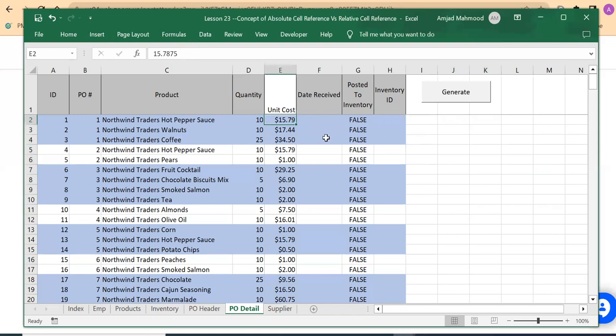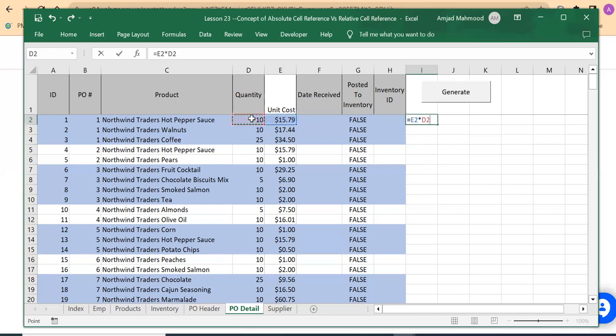Now let's make a formula so that we better understand the dollar sign concept, the absolute address. Let's make the amount column. The quantity is 10, the unit cost is this, so this is multiplied by this.